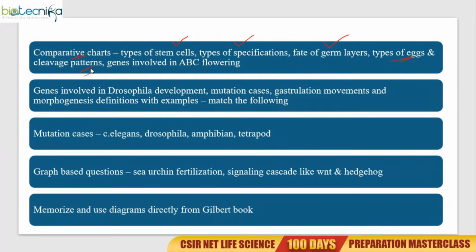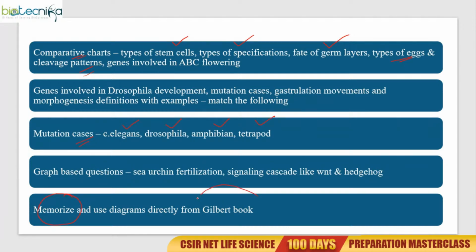Then other than that, the questions which you get most of the time in the form of 4 marks are mutation related. So mutation related to C. elegans, Drosophila, amphibians, and tetrapods. The only way I can say you can fetch marks from here is to memorize.